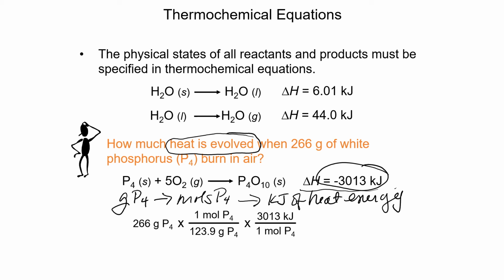So that means we assume heat is given off and do not need to use the negative. So grams cancel, moles cancel, and we get 6,470 kilojoules.